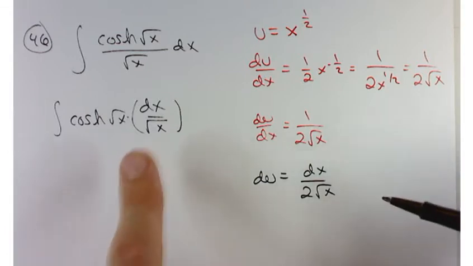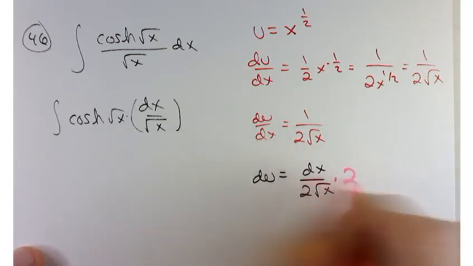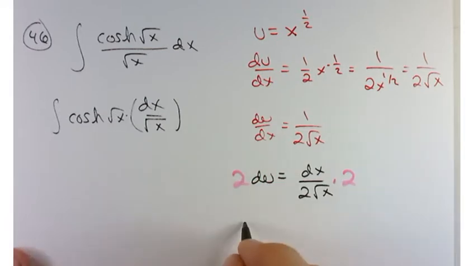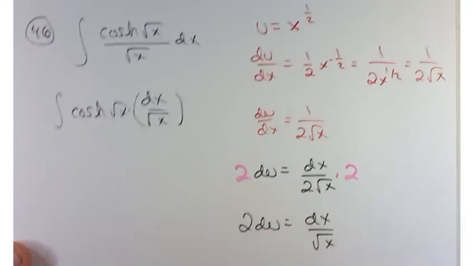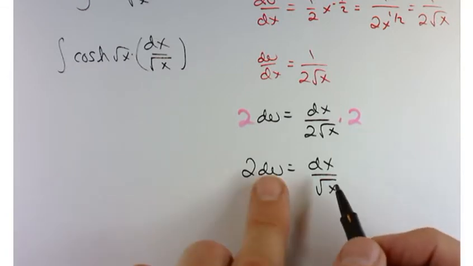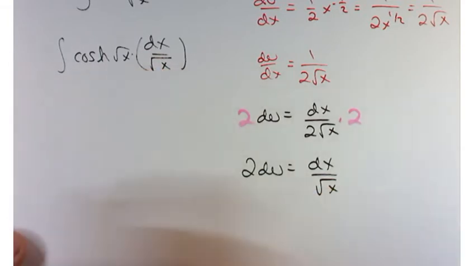What's the difference between what I've got here and what I've got here? The 2. So let's get rid of the 2. I can multiply both sides by 2. Two du is dx over the square root of x. Perfect. This and this are identical, so I can make a direct u substitution.